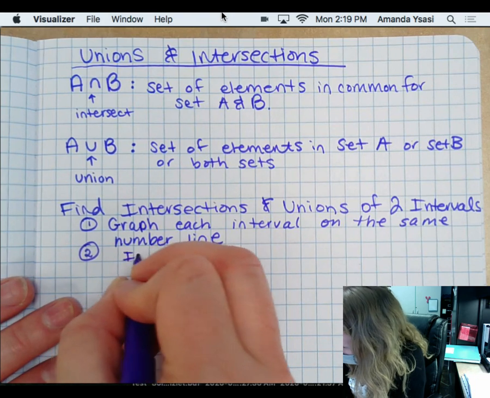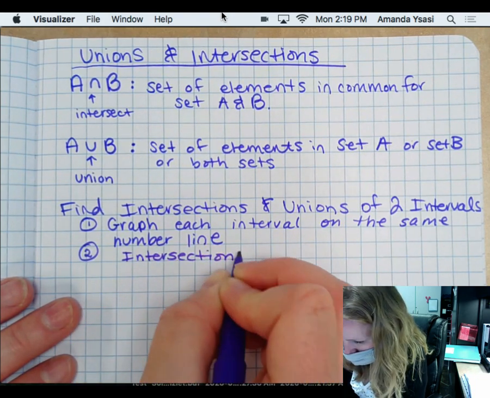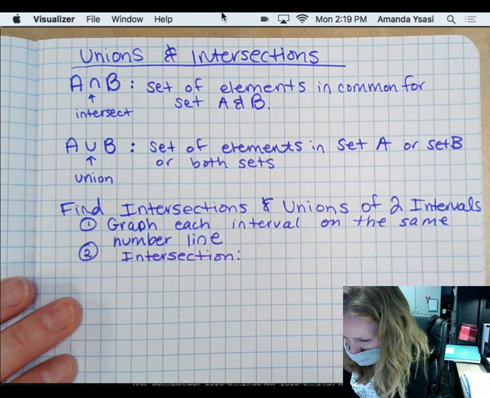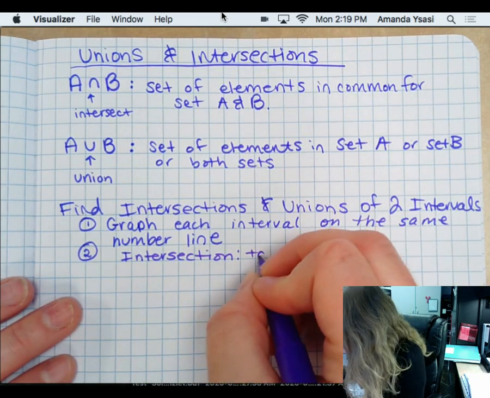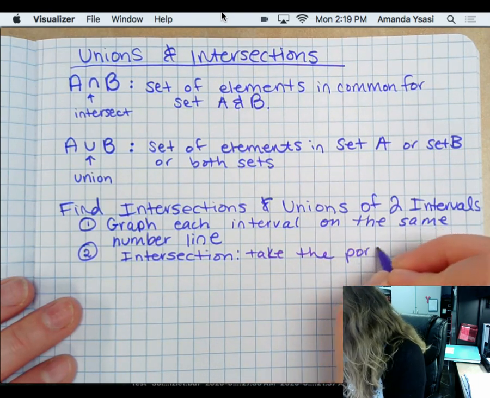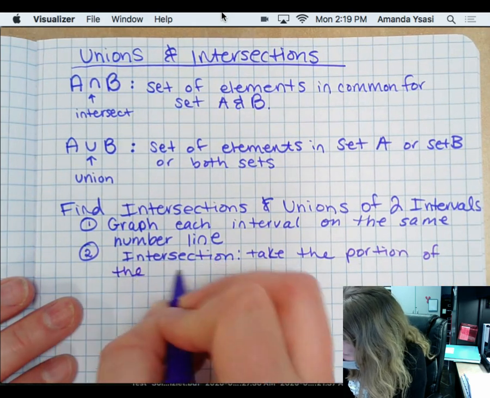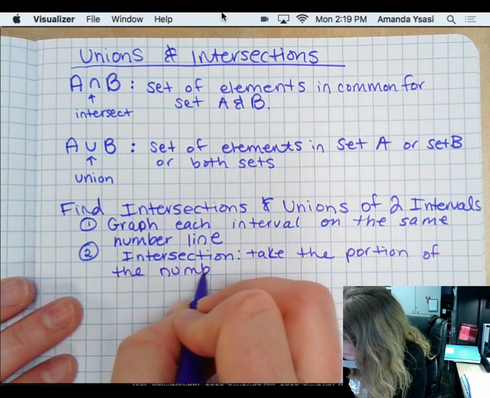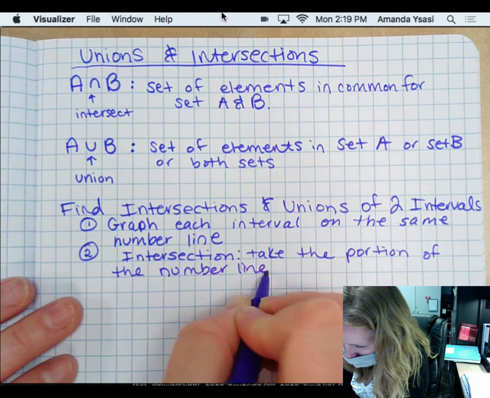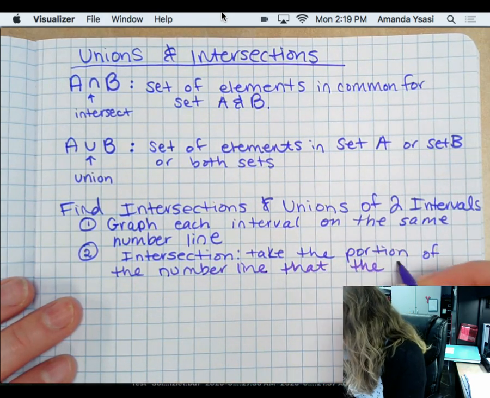So if it's an intersection, then you take the portion of the number line that the two lines have in common.